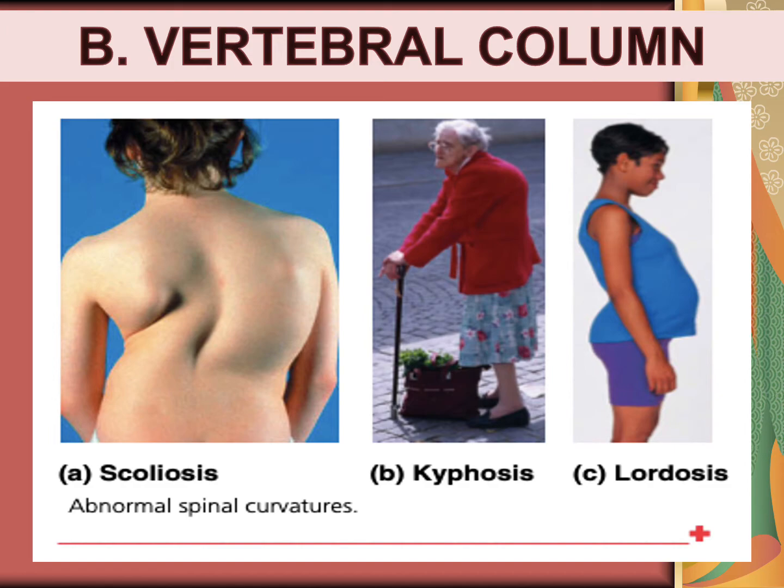Third is lordosis, or the forward curvature of the spine. It is usually normal in toddlers and also in pregnant women na malaki na yung uterus, lalo na nasa third trimester.